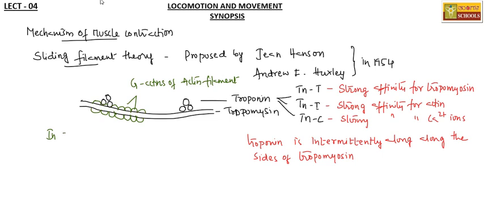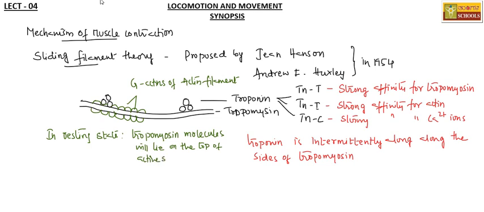Now, in the resting state, when there is no muscle contraction, the tropomyosin molecules will lie on top of the active sites of the actin strands.